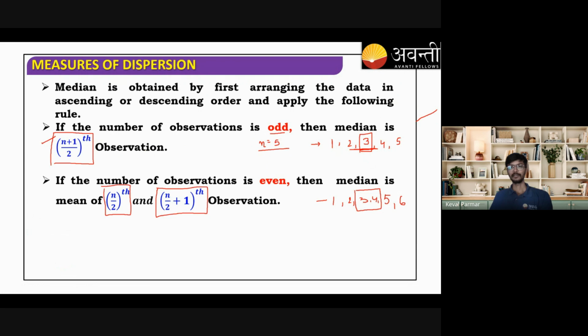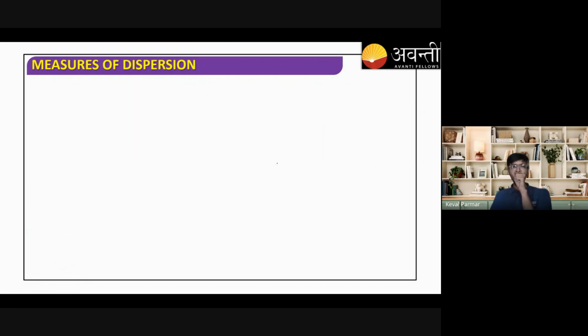You can check by putting n equals 6. I'll get third from here and fourth from here. So the third term and the fourth term are my medians. Correct? Very simple. Always try to arrange the data in ascending or descending order.